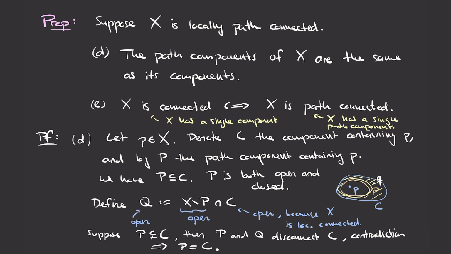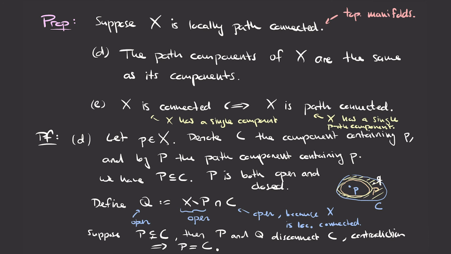So in particular, we saw that topological manifolds are locally path-connected. So this proposition shows that in the case of topological manifolds, connectedness is the same as path connectedness, and this is very helpful because, again, working with path connectedness is usually easier than working with connectedness.